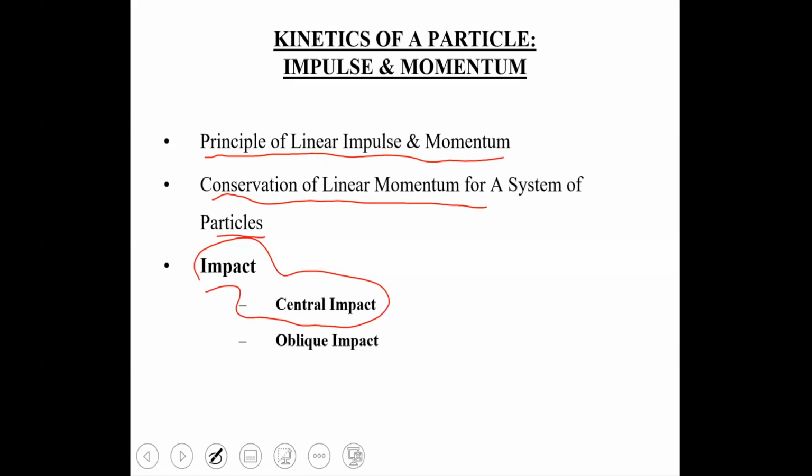So those internal forces should not be included in our impulse and momentum analysis. Moreover, there are some forces which produce a very small amount of impulse, such as the weight or the force of an elastic spring. They should also be neglected in the impulse and momentum analysis.